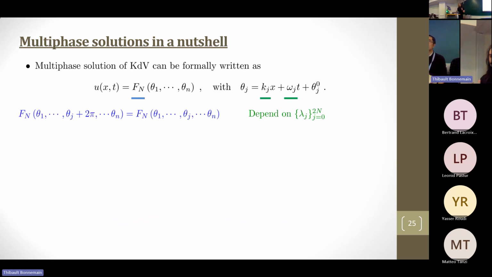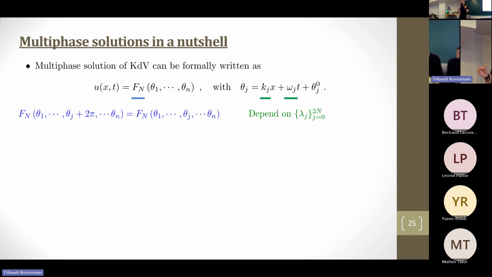Right. So just to briefly recap, if you need to remember just one thing from what I just said, it is that formally you can write the n-phase solution of KdV as such, where the x and t dependence only enters through the phase theta here, and where the wave numbers and frequencies only depend on the endpoints.